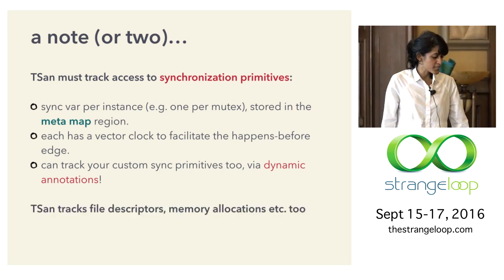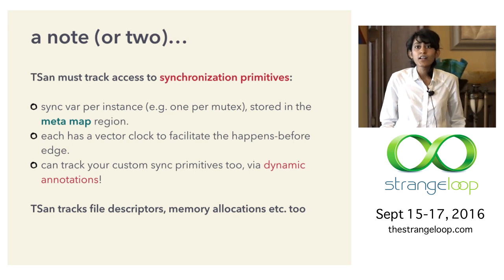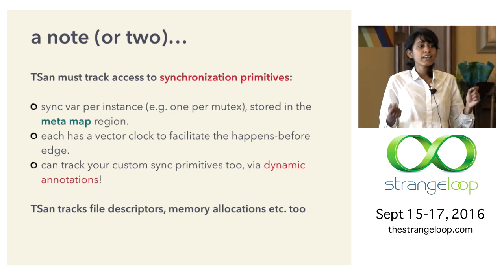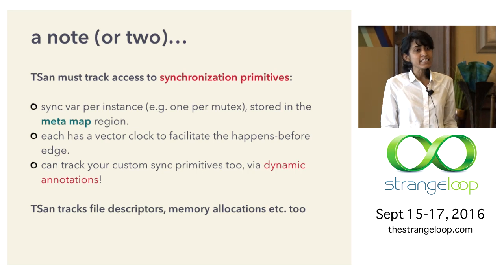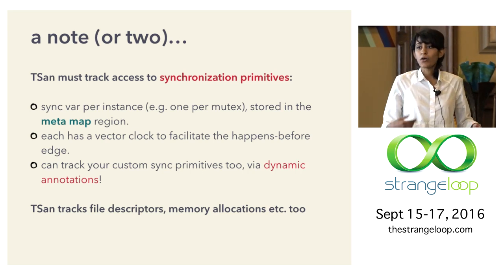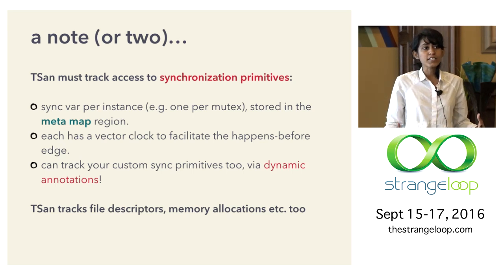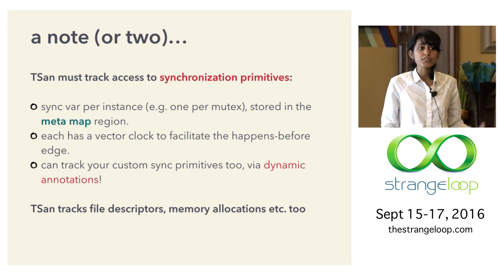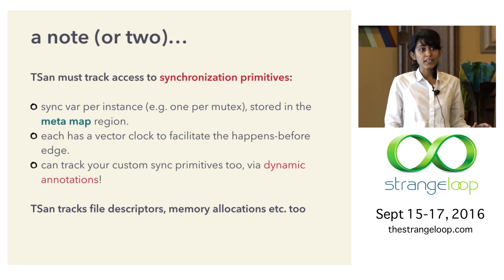The other point to note is that TSAN tracks file descriptors, memory allocators, and all of that. The goal of this being that it is able to recognize implicitly synchronized events too. So not just explicitly by a lock or channel, but implicit synchronizations that may happen through file descriptors. TSAN recognizes that.